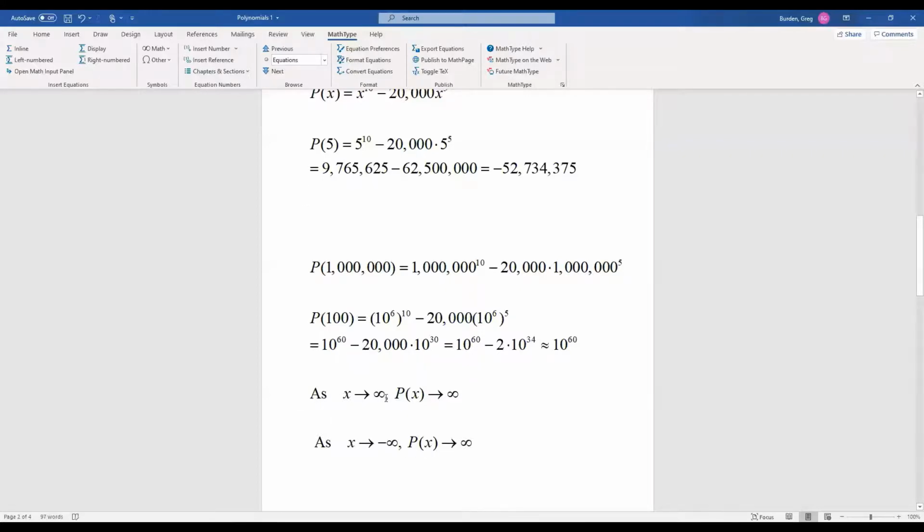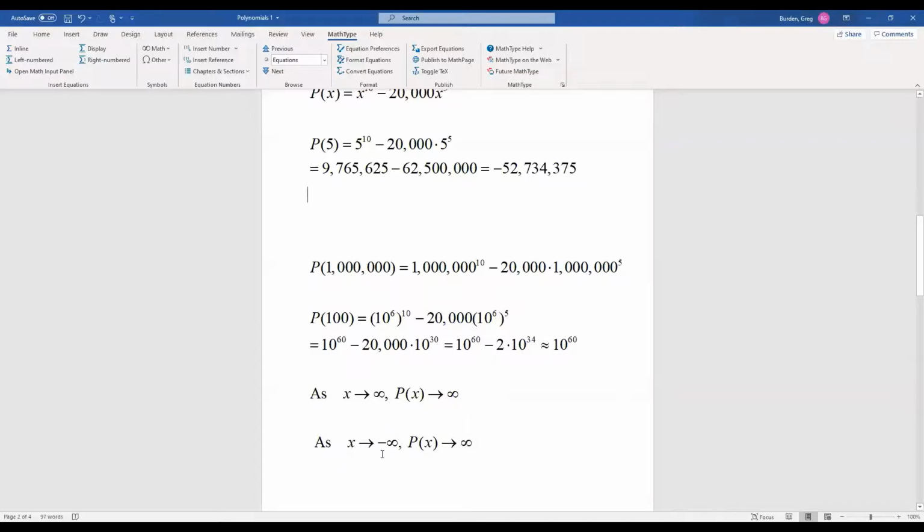As x approaches infinity, P of x approaches infinity. As x approaches -infinity, P of x approaches infinity. So the way you want to think about this, the first part here, x is going to infinity, x is going to the right, P of x is going to infinity, y is going up.